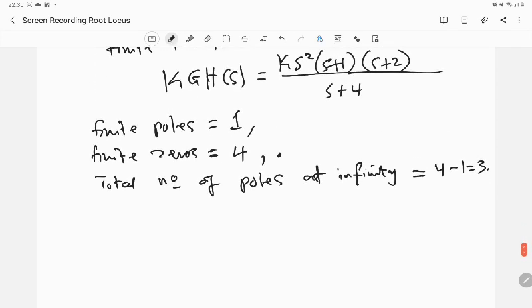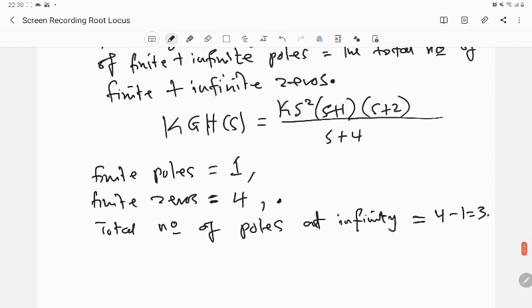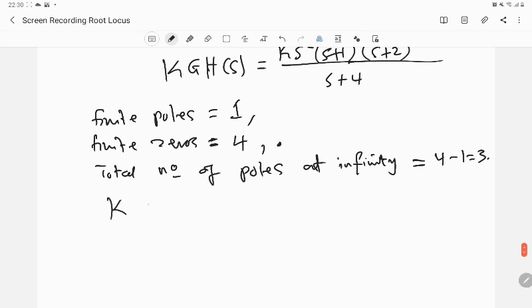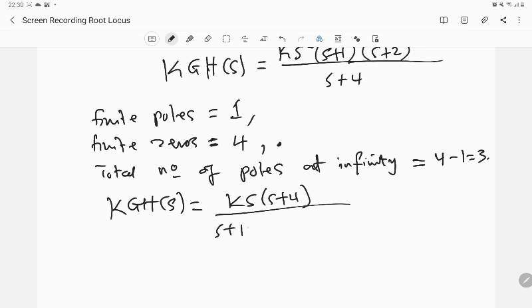In similar fashion, if I had a system such that K G H of s equals K times s into s plus 4 all over s plus 1, s plus 2, s plus 3, s plus 5.